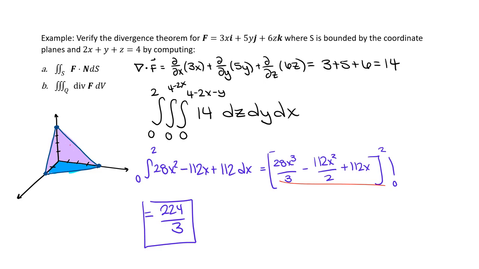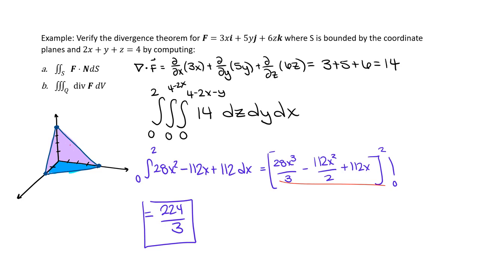Finally, almost done. Plug in those bounds of integration. Plug in the 2, plug in the 0. I once again used a calculator to help me. And there it is. Final answer is 224 over 3. So I got the exact same answer I got in part A, which is good. That's exactly what should have happened in this problem.